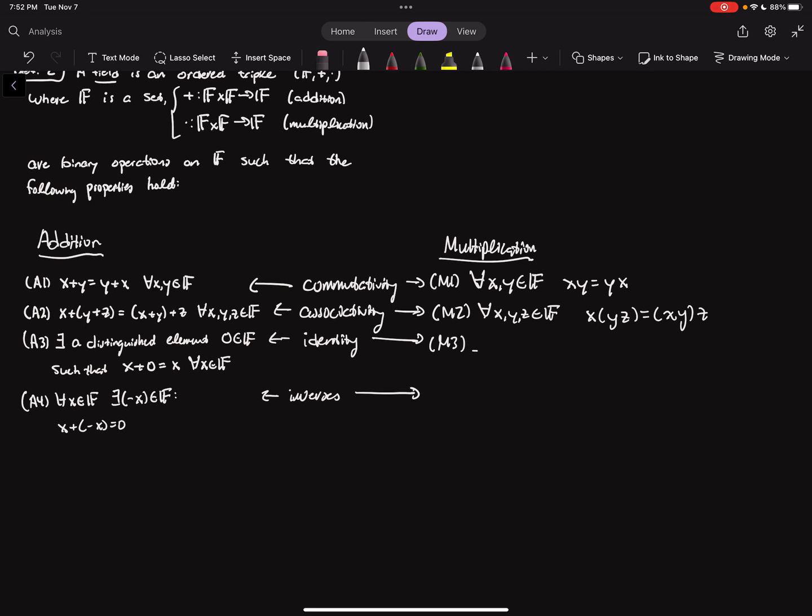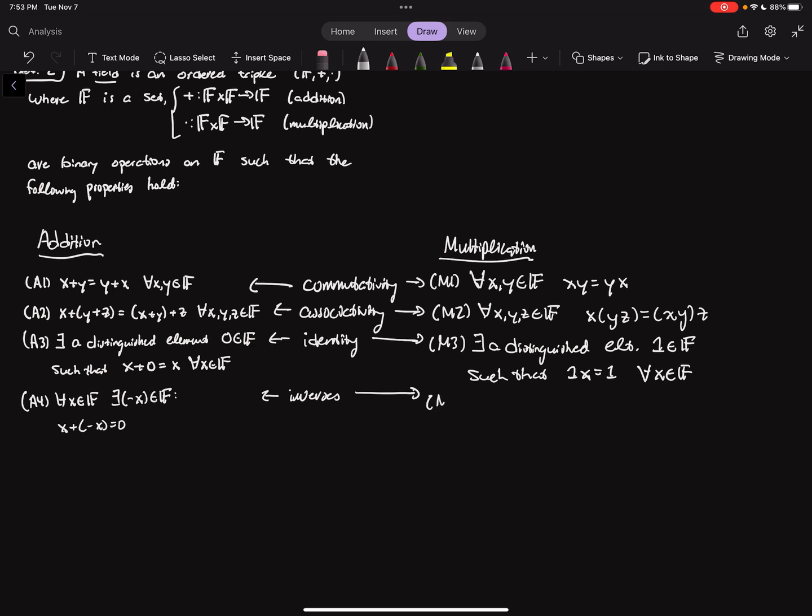So there is a distinguished element 1 such that 1 times x is just x for all x.